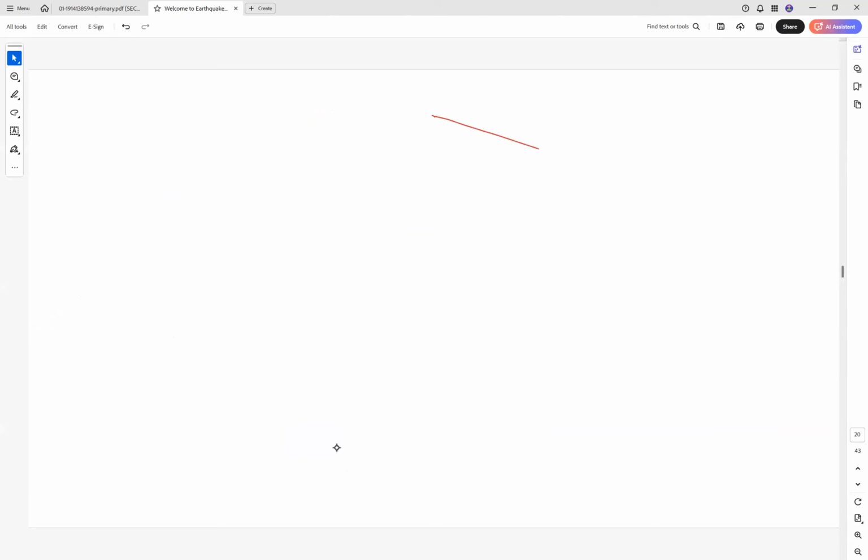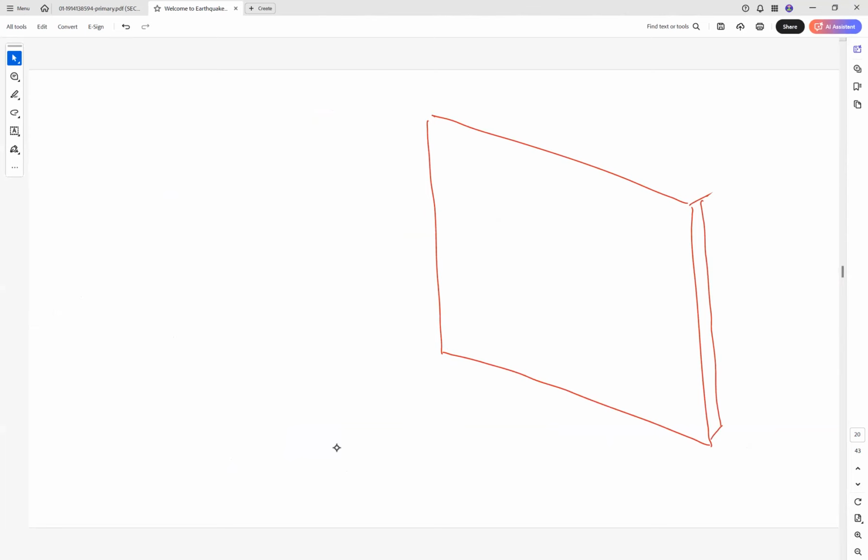If this is our wall, this is 3,000, 4,000, and the thickness is 110 millimeter. This wall is only supported from this side and from this side.